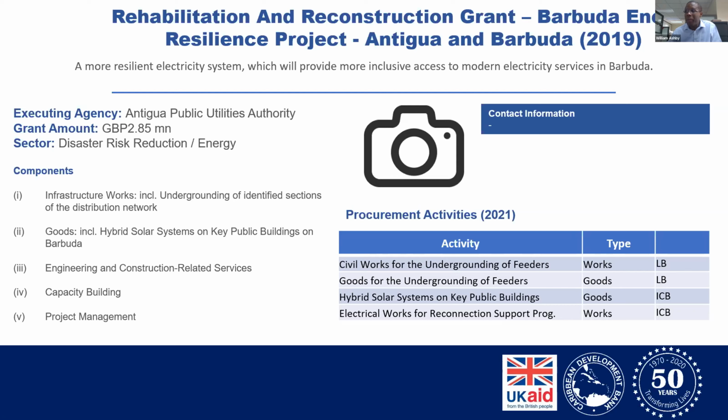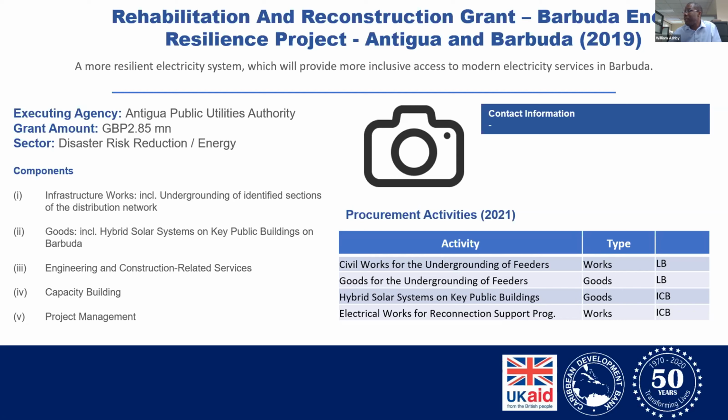This really followed from the 2017 hurricane season, the need for this. It's a project funded through the UK SIF, which is a special fund supported by the government of the United Kingdom to the tune of about £300 million across 9 of our member countries.